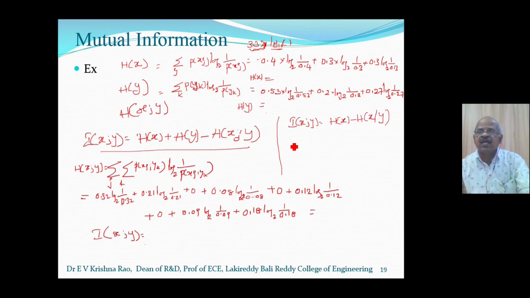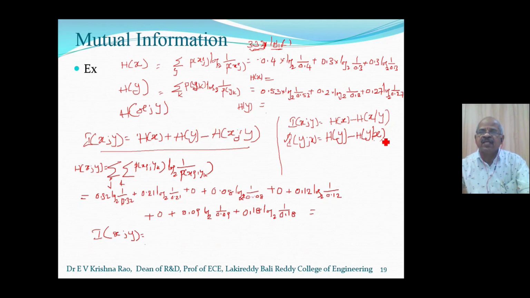The mutual information of y at x is H of y minus H of y at x. So H of x is already there, and H of y is there.